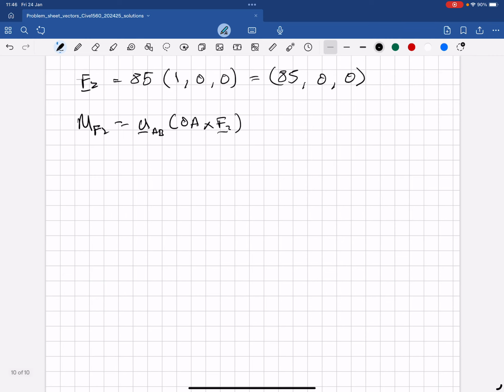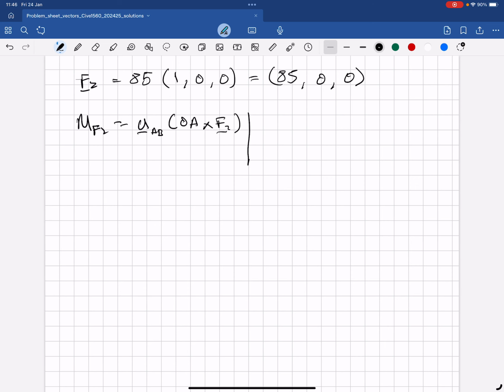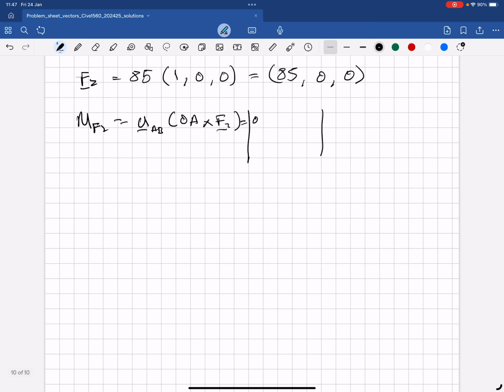We can do this in the whole determinant calculation. So we write the UAB: 0.8, minus 0.6, 0, then OA: 0, 1.5, 0, then F2: 85, 0, 0, and it turns out that this is 0 Newton meters.